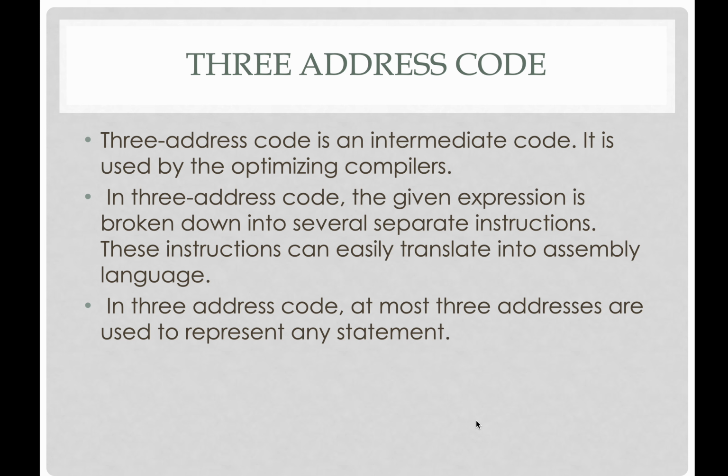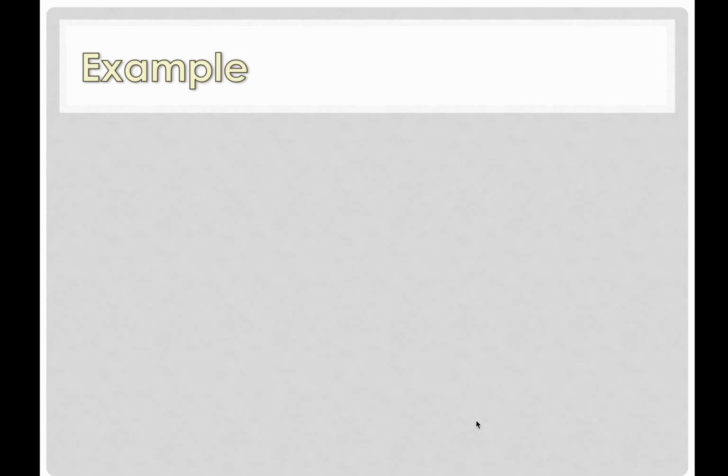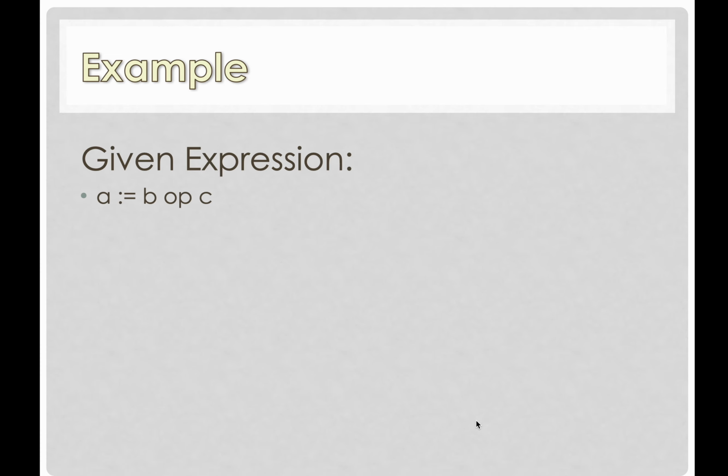In three address code, at most three addresses are used to represent any statement. Each three address code instruction has at most three operands. It is a combination of assignment and a binary operator. An example for the three address code expression: here is the given expression, and in the given expression, a, b, c are operands, where op is the operator.